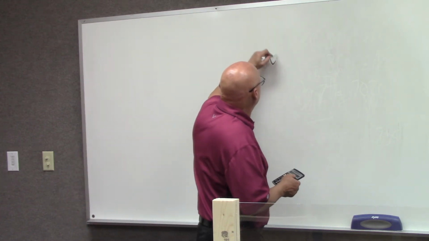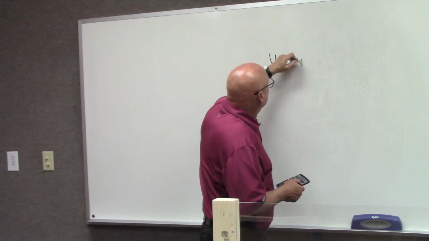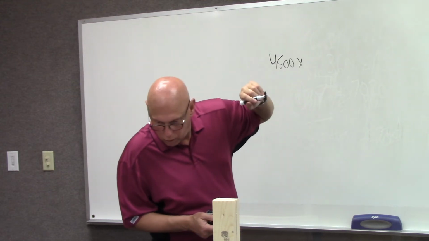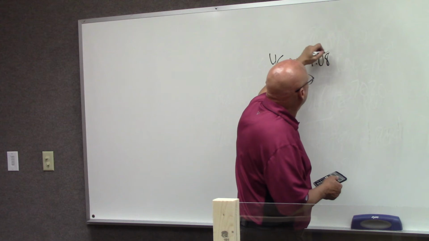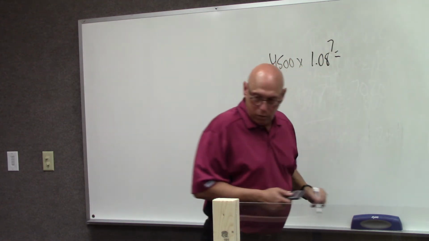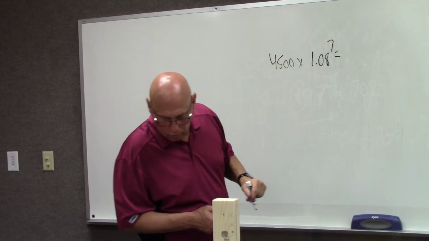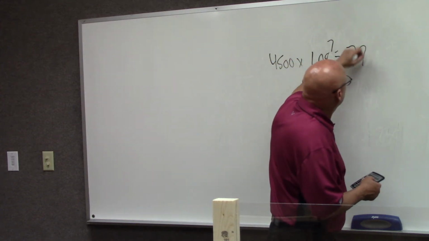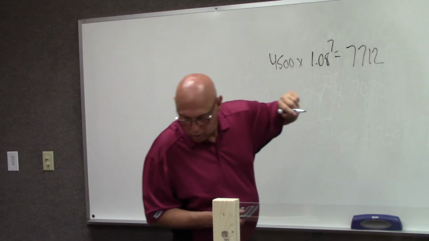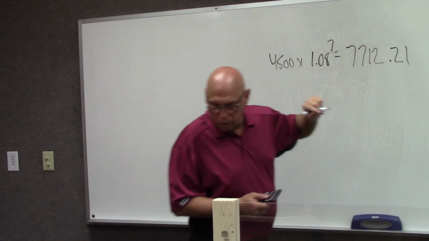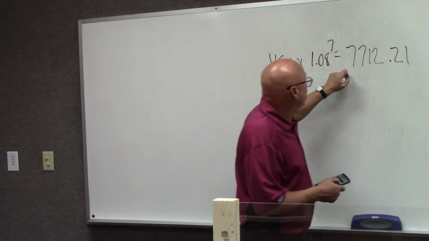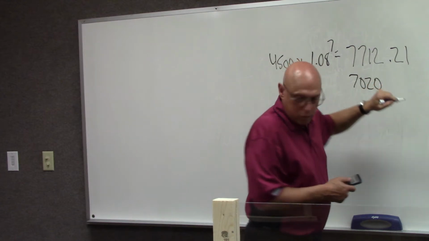So we have 4,500 times 1.08 raised to the 7th. And we get 7,712.21. And using simple interest, the answer was 7,020.